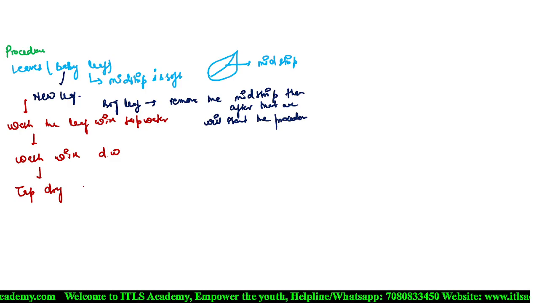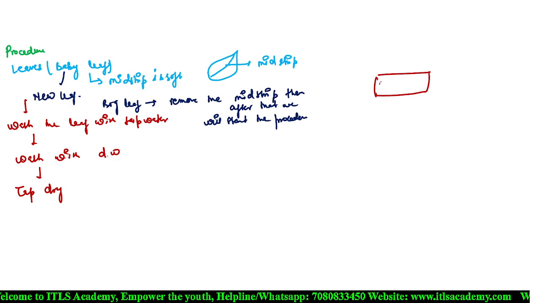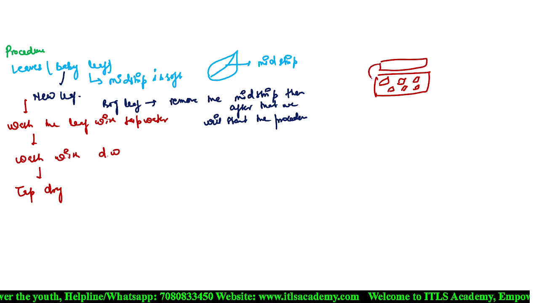What is tap dry? You have to take a filter paper like this and put your leaf here. And with the help of another filter paper, you have to tap the leaf and soak the water. This is known as tap drying.